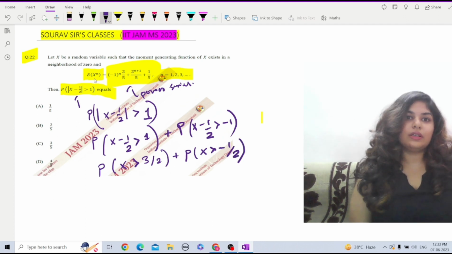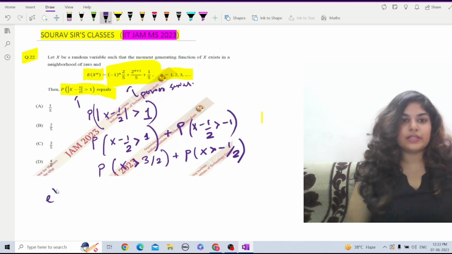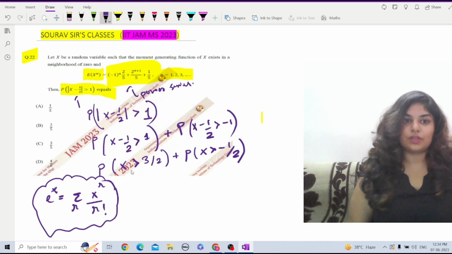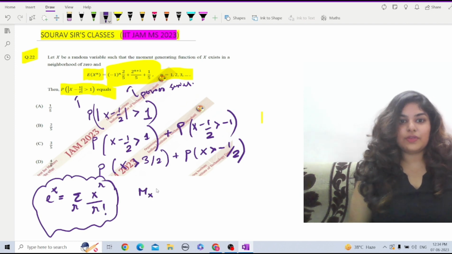Now here we know that the expansion of an exponential series, let's say e to the power x, is equal to the summation over r of x to the power r by r factorial. This is the expansion of any exponent. Now the moment generating function is basically the expectation of e to the power tX.